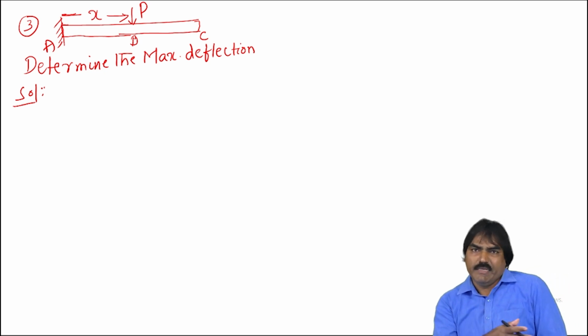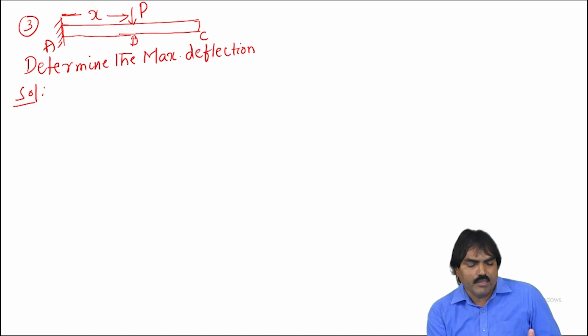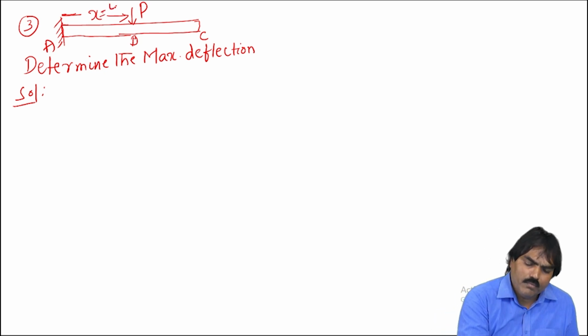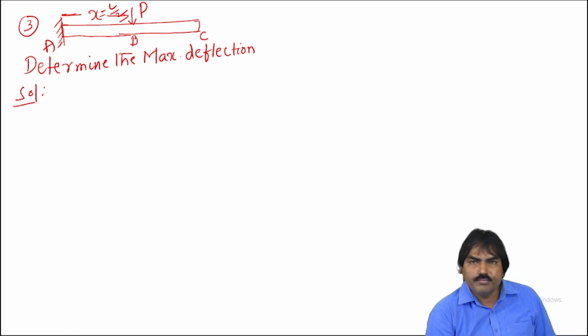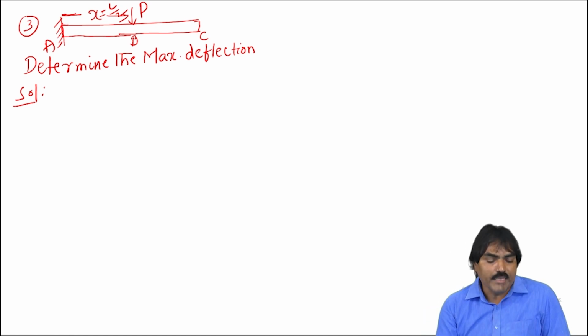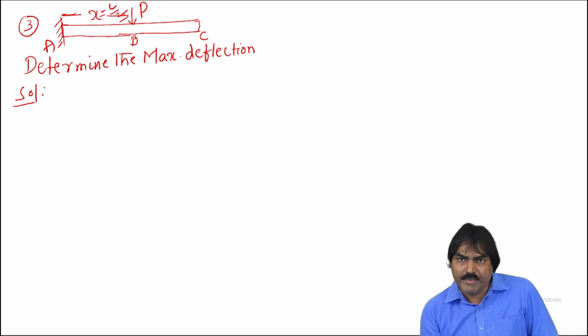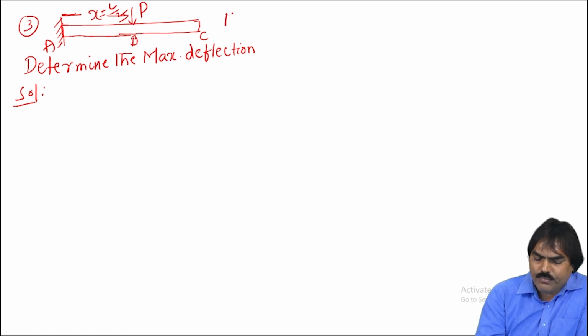See, the question will be in a standard format, like a cantilever beam of length L is subjected to a point load at the center as shown in figure. The flexural rigidity of the entire beam is constant. That is, EI is constant.